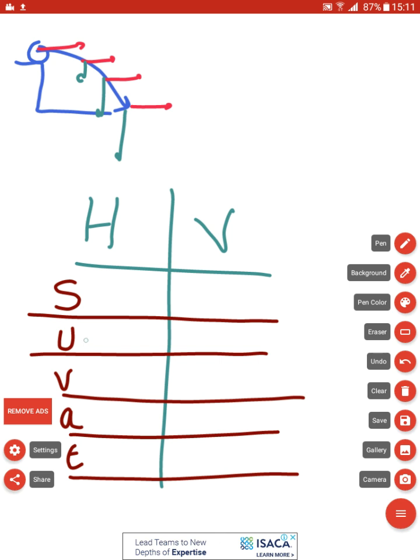You can see that the speed on the x-axis at the initial point and at the final point have the same value. Let's say the speed is 30, so here the speed and here have the same value. The acceleration on the x-axis is 0 because the object has a constant speed. The distance traveled on the x-axis is the range.